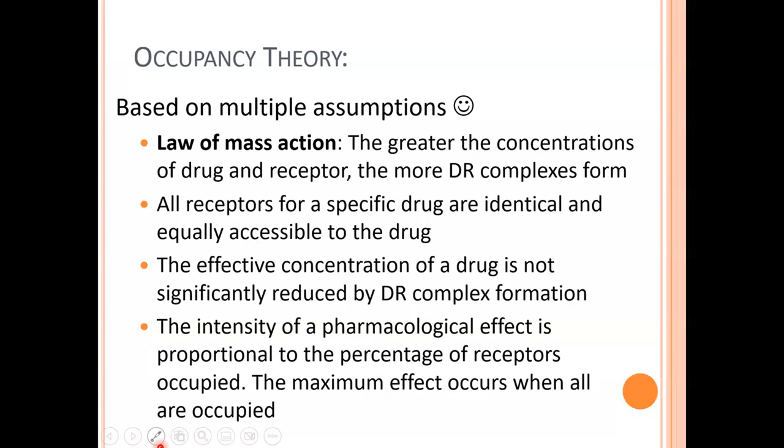Right, so occupancy theory is based on multiple assumptions. First is the law of mass action, which is the greater the concentration of the drug and the receptor, the more drug-receptor complexes are going to form. Common sense, right? All receptors for a specific drug are identical and equally accessible to the drug. That's a little bit less, I imagine, consistent with reality, shall we say.